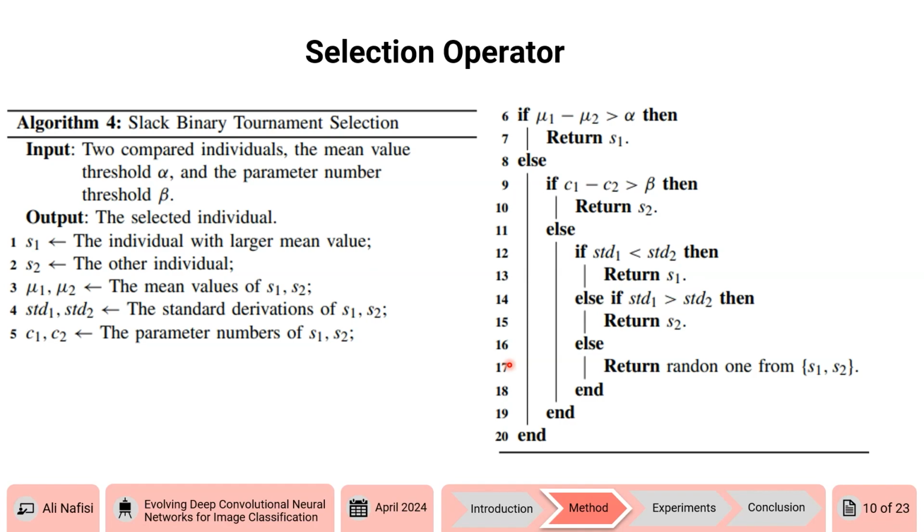We'll return the one that has less standard deviation because it's more stable compared to the second one. And if their standard deviation were equal, we just return a random one from those two. That's a rare case, so I don't think that we're going to encounter this case too much.